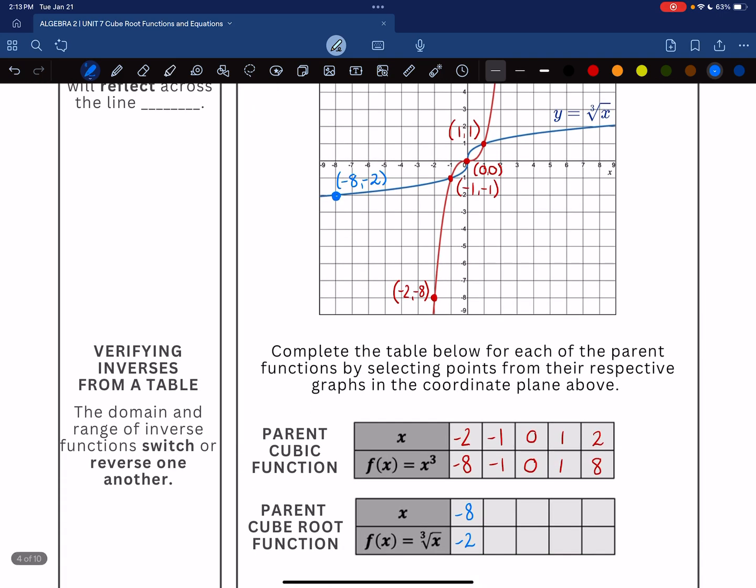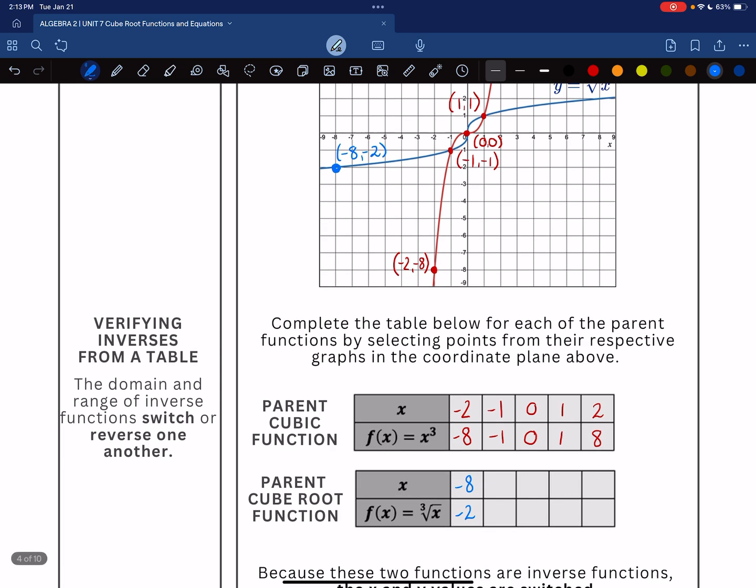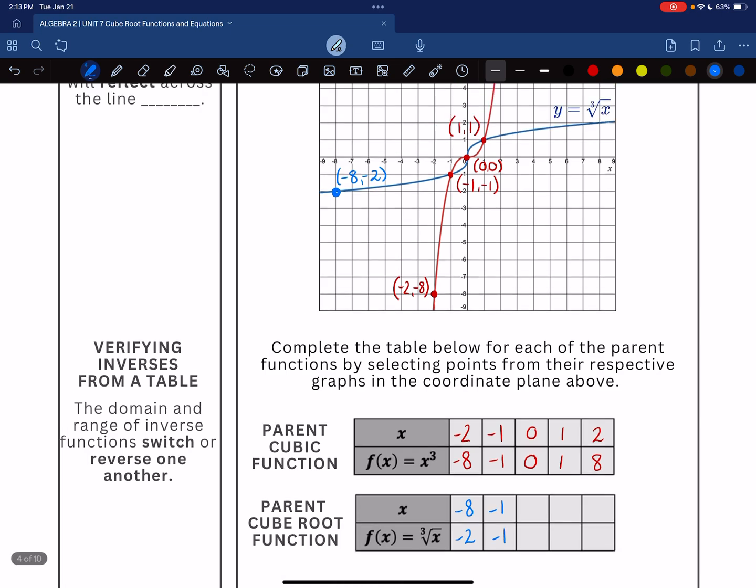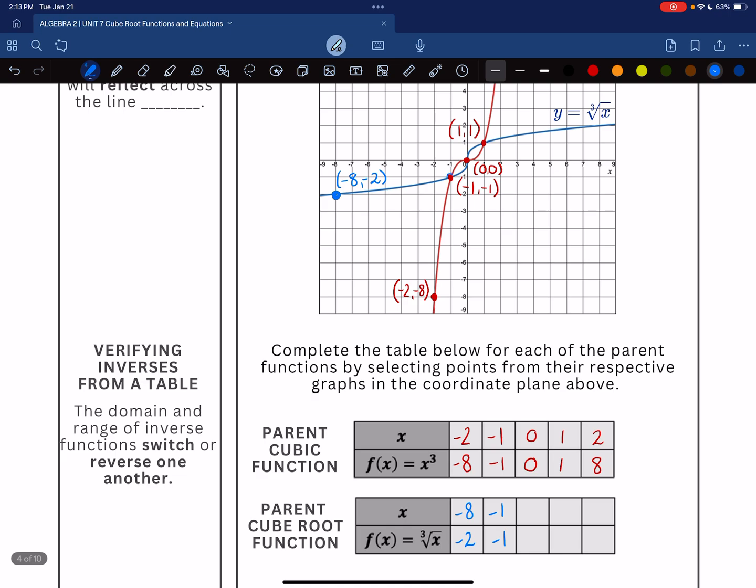Also, it doesn't look like a whole lot to switch this around, but when we switch the x and y of that red graph, -1, -1, the switch of that is also here. -1, -1 graphed on my coordinate plane.